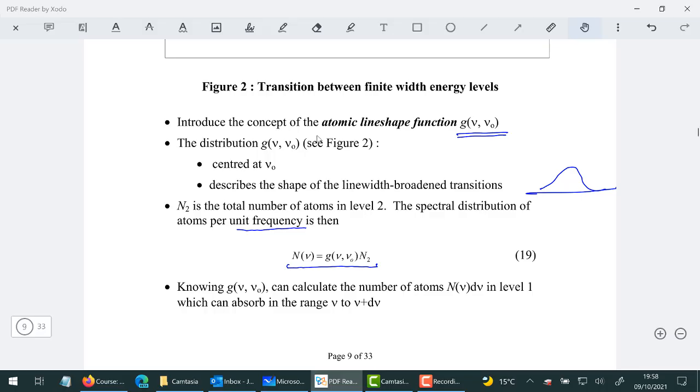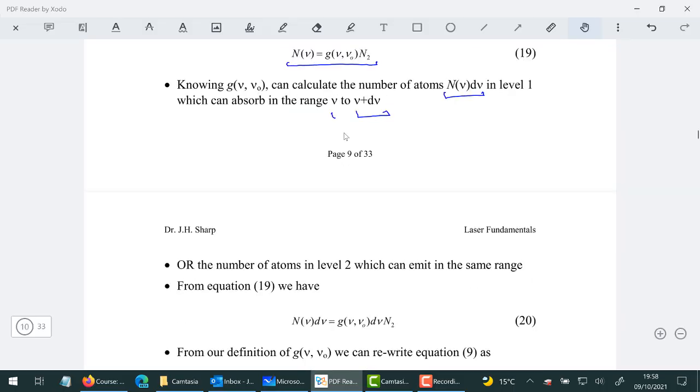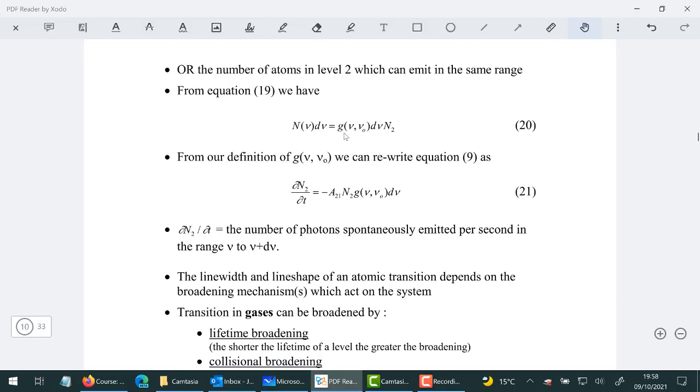And if we know the line shape function, then we can calculate the number of atoms in level 1 that can absorb in a range between nu and nu plus d nu. Or we can think about the number of atoms in level 2 which can emit and give stimulated emission rather than absorption in that same range.